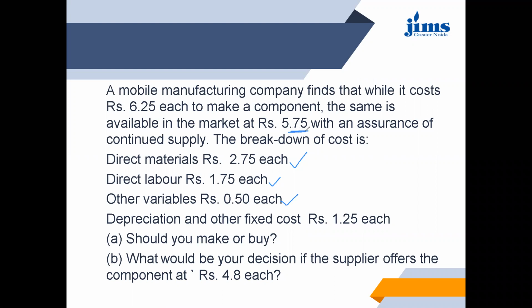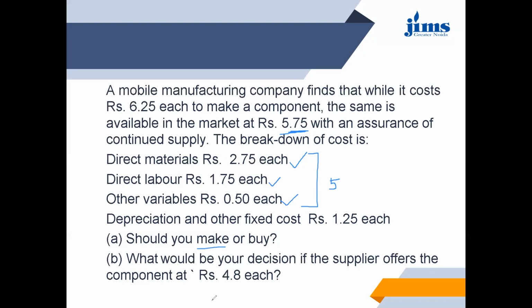That means the cost of manufacturing the product is lower than the market price. So we should manufacture the component in the factory. The marginal cost of this product is 5 rupees and it is available at a higher price in the market. So our first answer is that we should make the product.